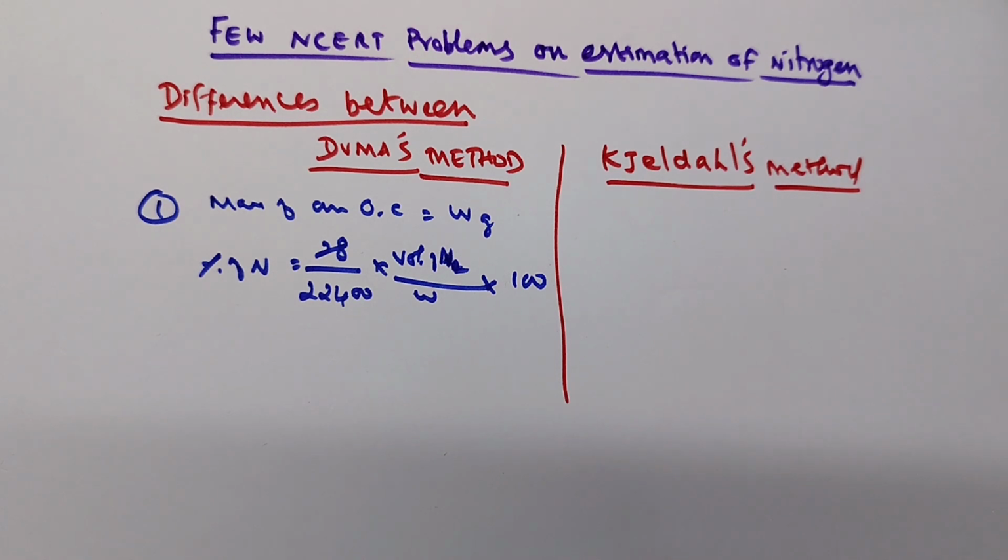The ammonia will neutralize the acid. The remaining acid is determined by back titration. We can find out how much acid is left out, so we can find out how much ammonia gas is exactly neutralized by that acid.